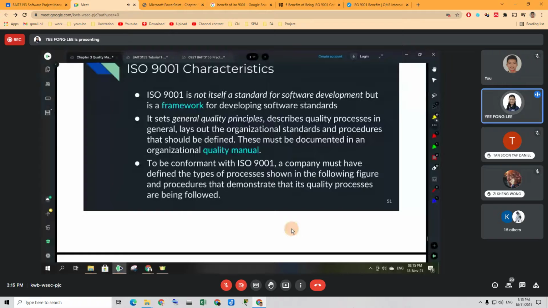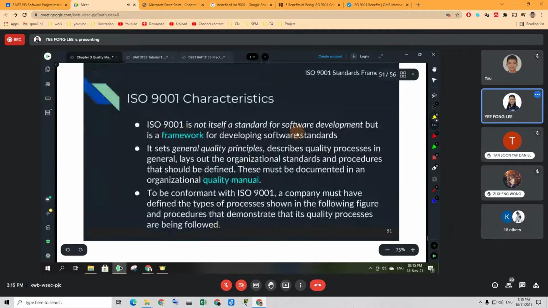Look at the characteristics. Yeah, take note on this. The ISO 9001 standard is not a standard for software development, but it's a framework. Keyword is here. It's a framework for developing the software standards.